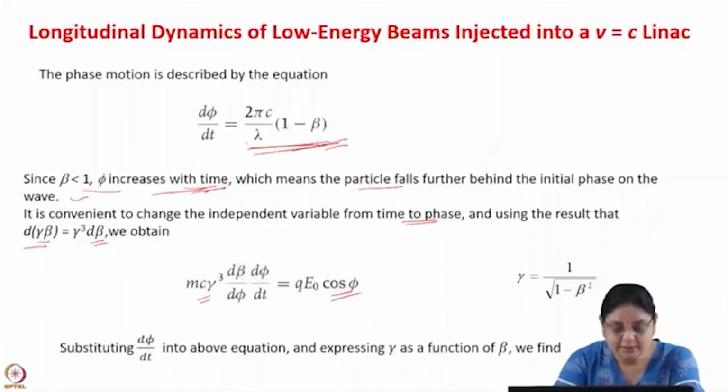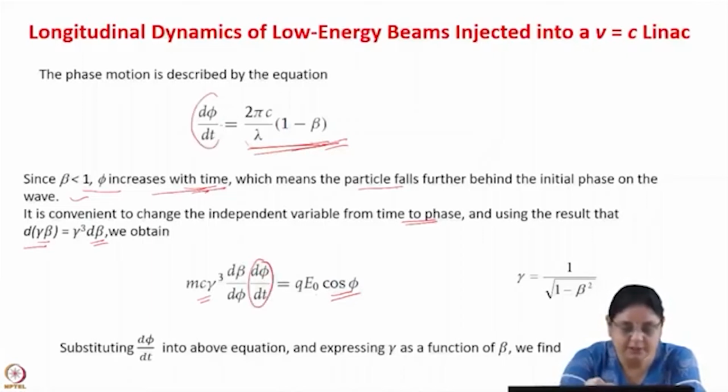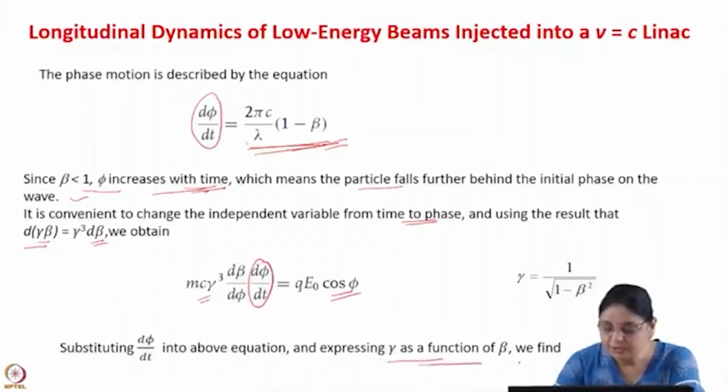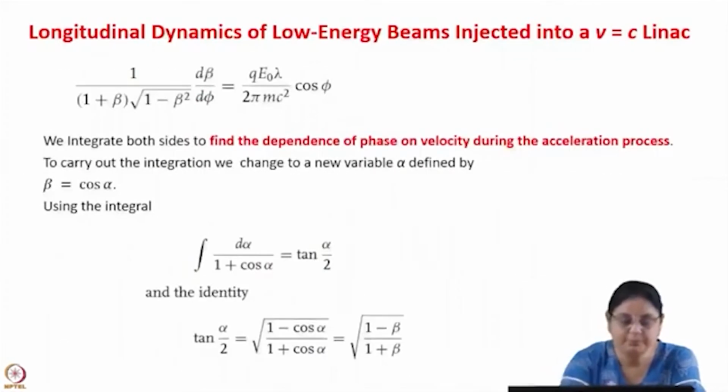Now we can substitute d phi by dt from the above expression, and expressing gamma as a function of beta, we get 1 by (1 plus beta) under root of (1 minus beta square) d beta by d phi equal to q E0 lambda by 2 pi m c square cos phi. So we get this expression.